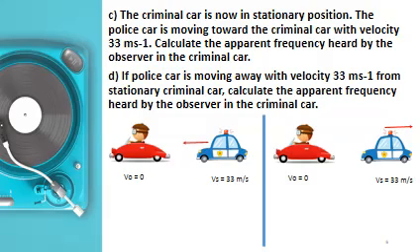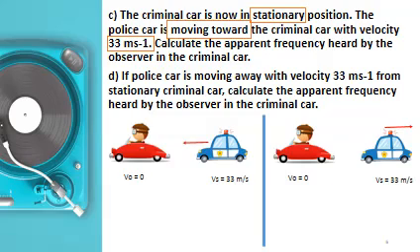Solution. Highlight the important information. The criminal car is static, so the observer now is static, but the police car is moving, which means the source is moving. The same speed, 33 meters per second, and the same frequency, 1000 Hz.